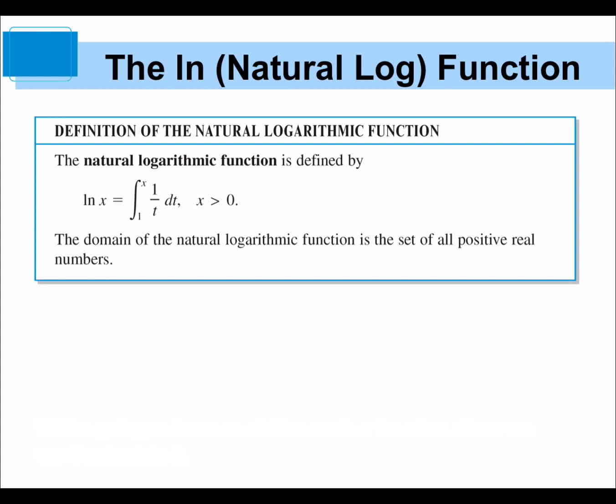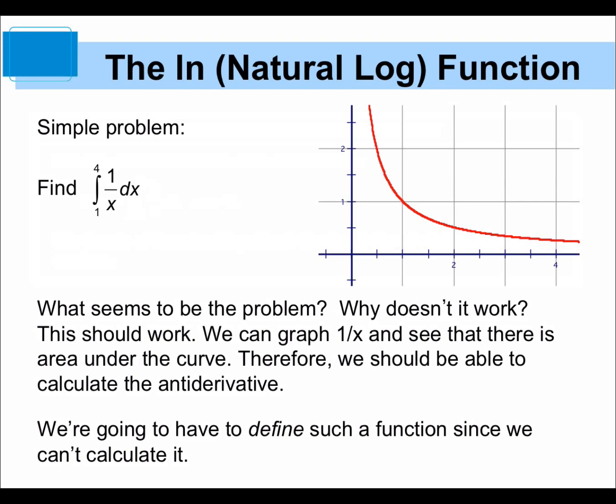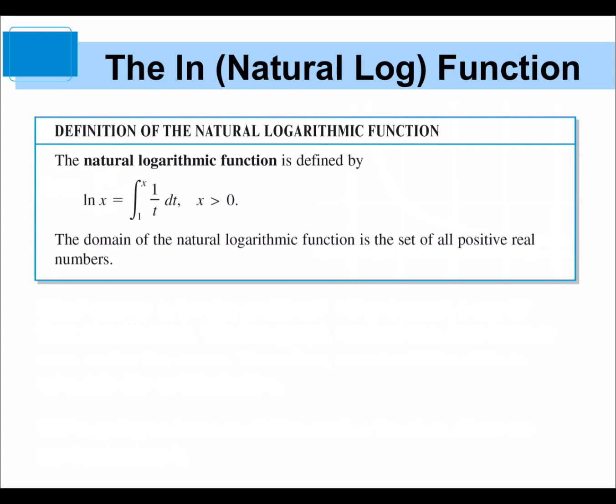I know you're writing, but I'm going to click back one. The natural log of 2 would be the area from 1 to 2, that little region under there. That's where natural log comes from. So like I said, last year you worked with it, you calculated with it, you talked about properties, you've done all kinds of cool things with it, but this is where in calculus we get the official definition of where that function comes from.